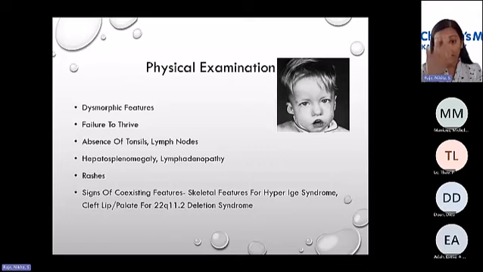Typical features with midline defects and the typical faces with 22q deletion may be present. Failure to thrive may be a feature of T cell deficiencies. Short stature might be found in some patients, such as cartilage hair hypoplasia or STAT5B defect. And so some of these features can help you look at specific causes of IEIs.